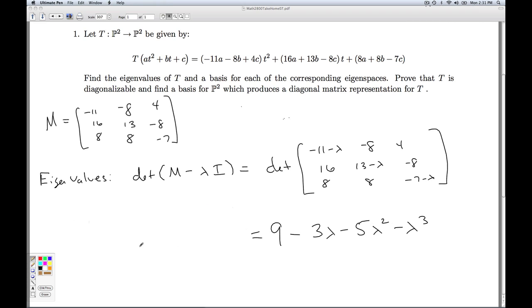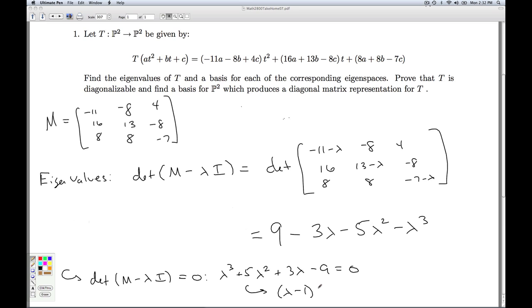Now we set this equal to 0. You've got lambda cubed plus 5 lambda squared plus 3 lambda minus 9 equals 0. You can go through your rational zeros theorem and synthetic division, and you'll be able to factor it down to lambda minus 1 times lambda plus 3 quantity squared equals 0, which gives us lambda equals 1 and lambda equals negative 3.